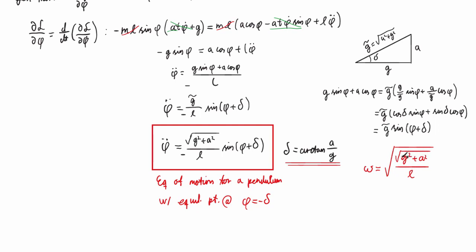So the acceleration that normally would be just g in here is now the Pythagorean sum of g and a, the acceleration of the car and the acceleration due to gravity. But other than that, the pendulum inside the railroad car behaves just like a regular pendulum.